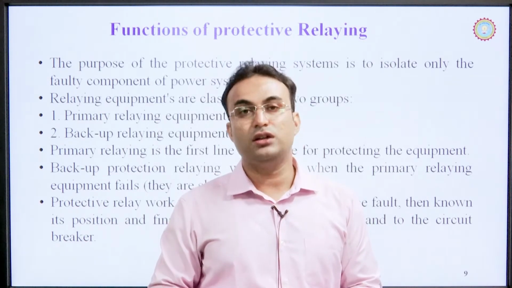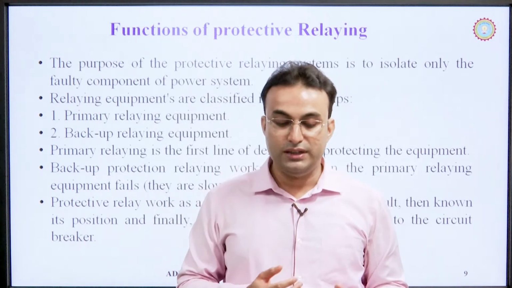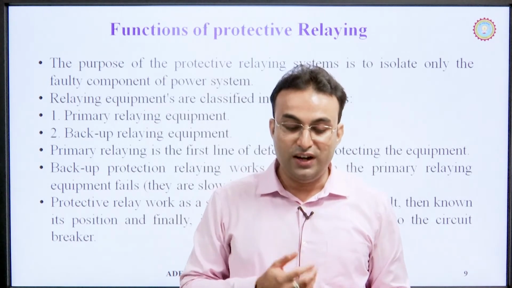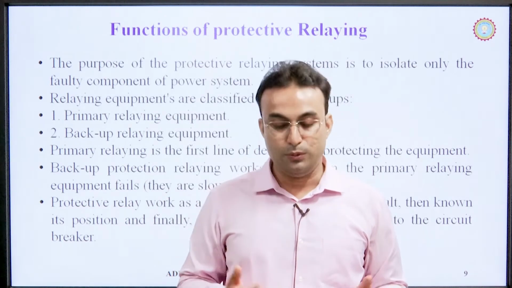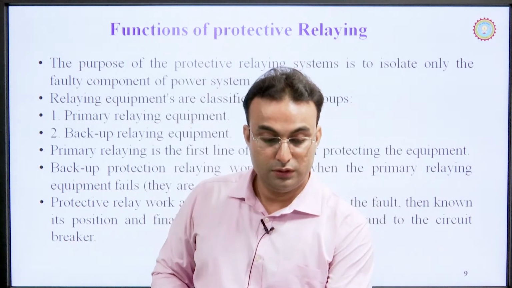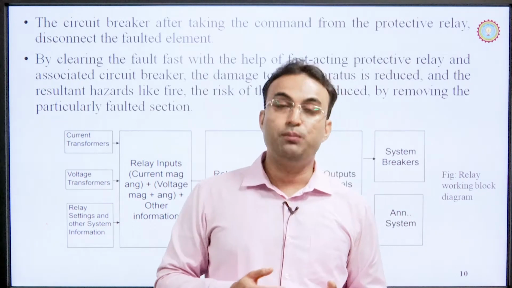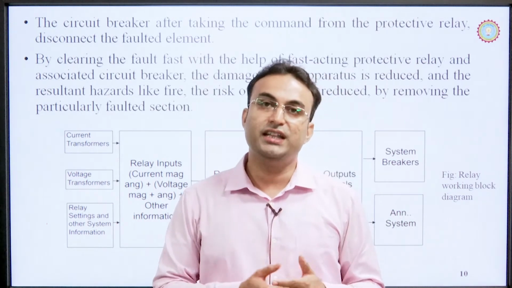Protective relays work as a sensing device. It senses the faults, then knows their position, and finally it gives the tripping command to the circuit breaker to trip the circuit. The circuit breaker, after taking the command from the protective relay, disconnects the faulty element.